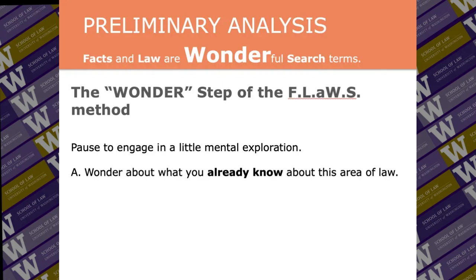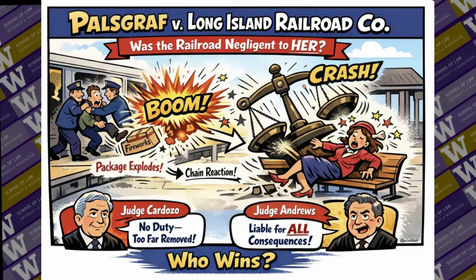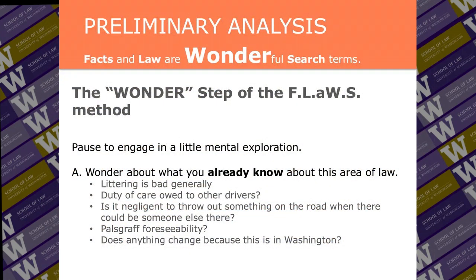I also seem to recall a case from first-year torts where there was something having to do with fireworks and the train about reasonable foreseeability. I think the case was called Palsgraf. So that's something to think about. And then finally, since we know that this is a Washington situation, I am guessing that there are going to be Washington-specific flavors of the law here that I'm going to need to be aware of.